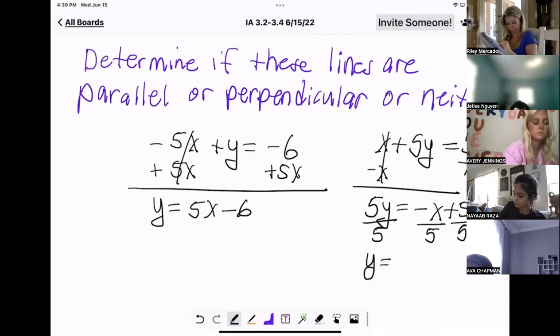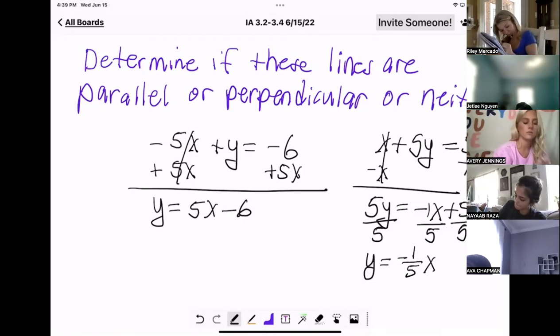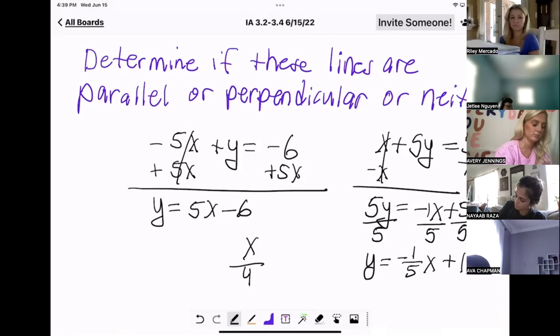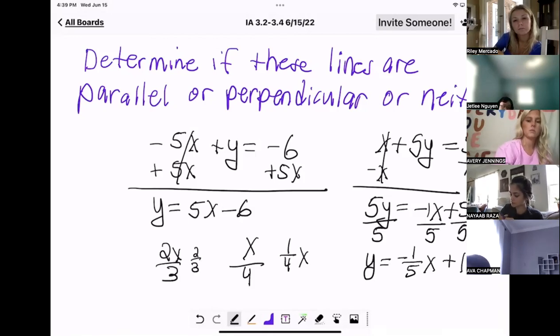I will never write it as negative x over 5. Remember, there's an imaginary 1 here, so I write negative 1/5 x plus 1. It means the same thing, but you want your slope to stand out. If you ever have x over 4, that would be 1/4 x. 2x over 3 would be 2/3 x. You want to separate them.